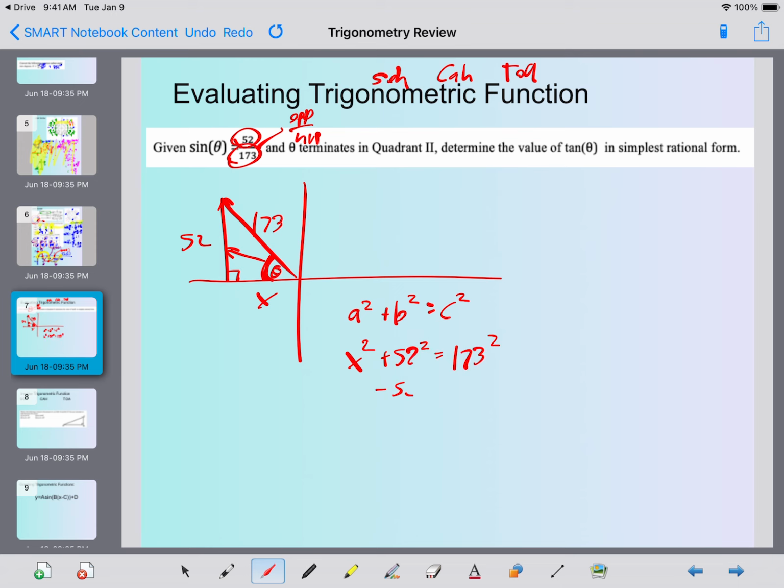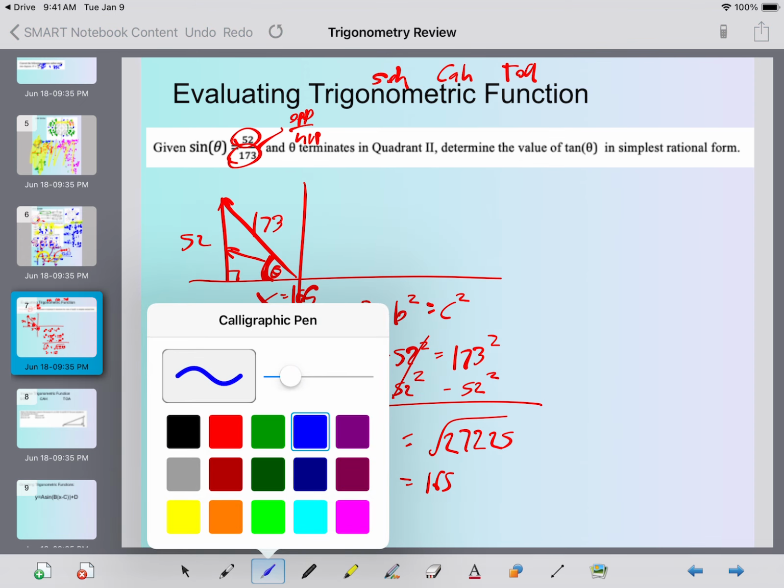If you want, subtract that on both sides. So 173 squared minus 52 squared. You get x squared equals 27,225. Square root of both sides. Get the square root of that number, and you get 165.